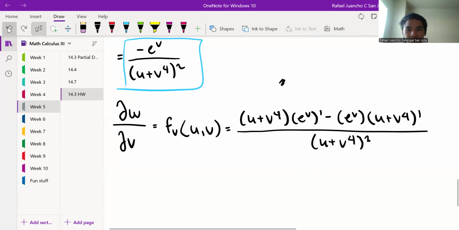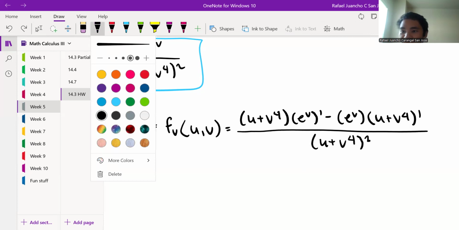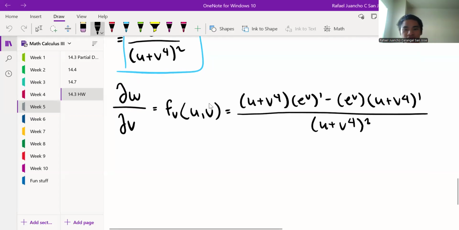What if I just do this? Maybe this. Oh, can't go back to my pen. Okay. X again. And then we open up my OneNote again. And then we share it again. Okay. And now I should be able to draw stuff again.